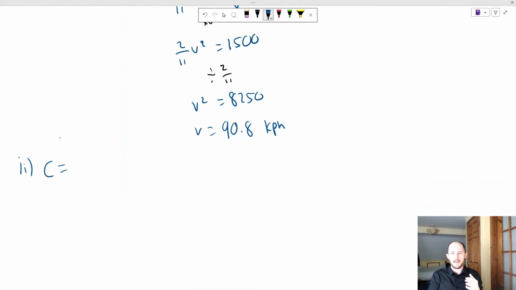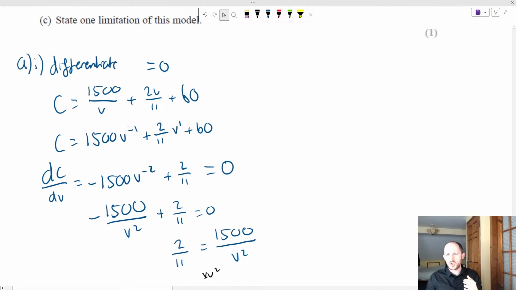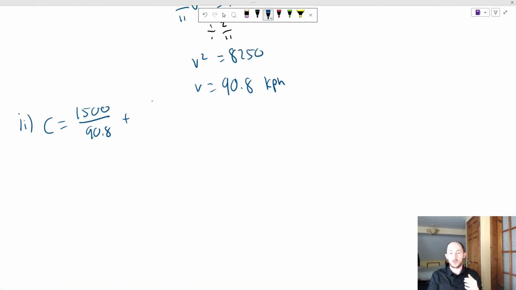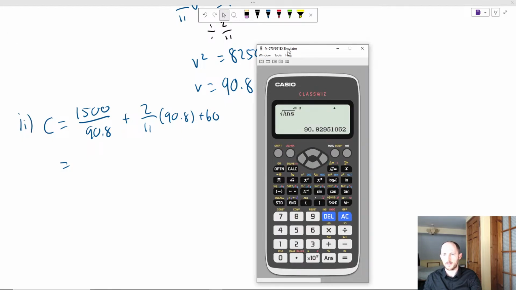So, that would be 1500 over 90.8 plus 2 over 11 v, yeah? And that is going to give us our minimum cost of the journey. And it says prove it, but we're going to show it in a second.